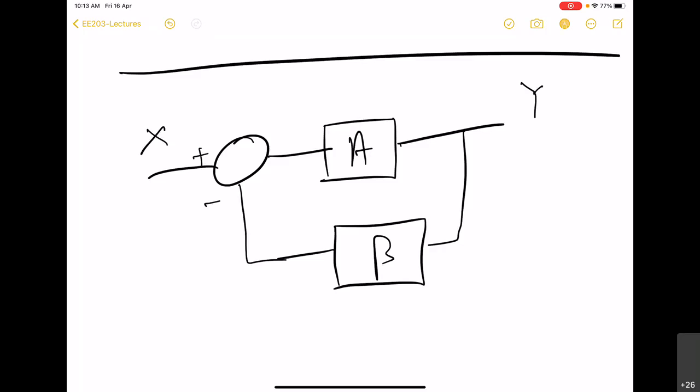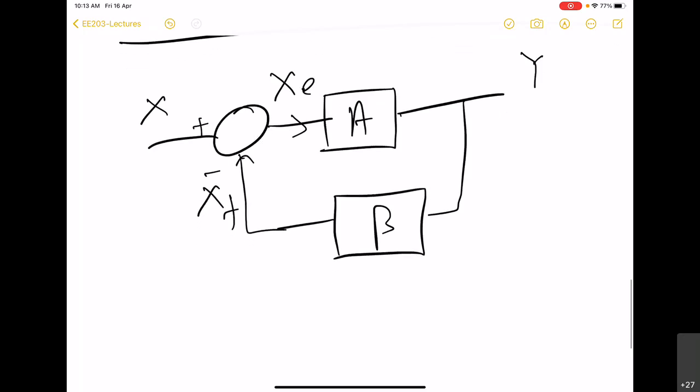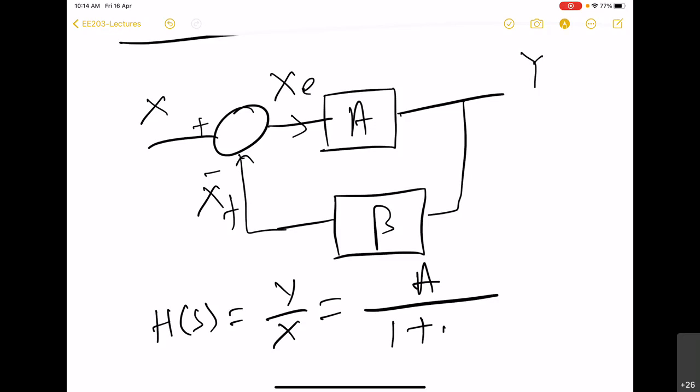In this case, we will carry out the subtraction of this feedback from the external input. For this case, we have already carried out the analysis, and we found the transfer function to be given by this ratio. So whenever we have a negative sign here, we will get a positive sign here in the denominator.